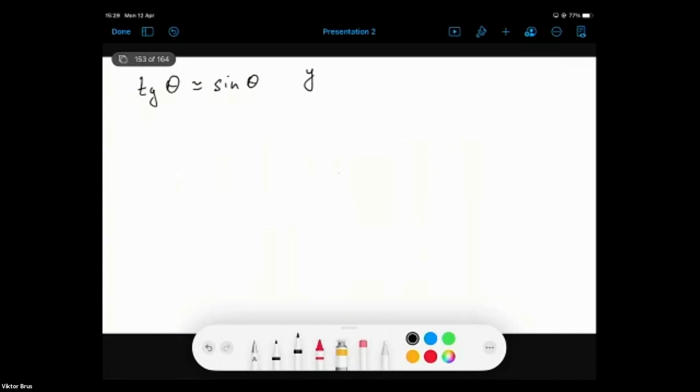So it will be y bright equals to L times, instead of tangent we put sinus theta bright, and that, as we remember, is equal to L times m times lambda divided by d, where d is distance between the slits.